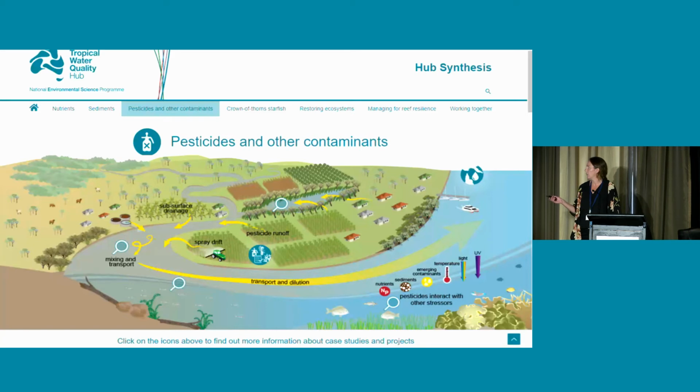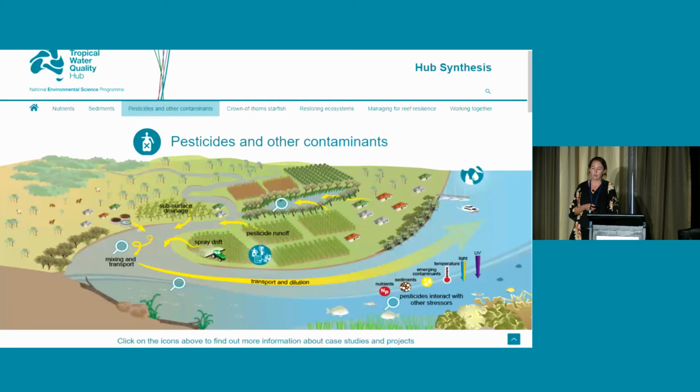What you can see from those yellow arrows is that the concentrations generally closest to the source of the pesticides are usually the highest, and as they are transported out towards the end of the catchment and then out into the marine environment, they generally dilute.